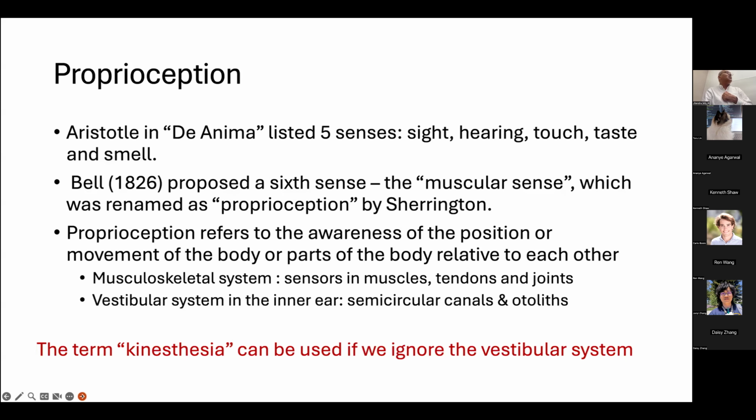Electric motors have shafts which rotate, so you want to know the angular position. A rotary encoder will sense that angle. That gives you a measurement of the equivalent thing in the human body, which is achieved by these sensors in the muscles and the tendons and so forth.